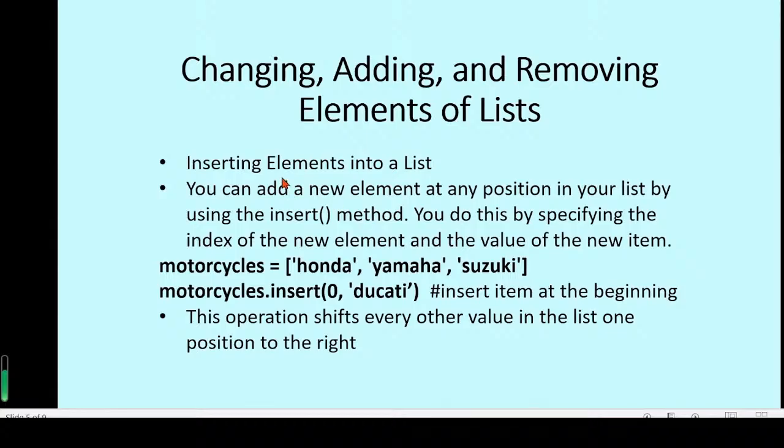And you can also insert elements into a list. So you can add a new element at any position in a list by using the insert method. You do this by specifying the index of the new element and the value of the new item.